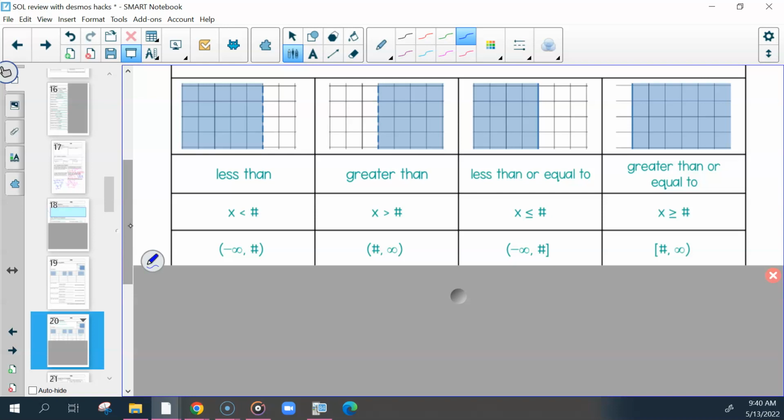On this page, do we want to see any of the 1 through 4 in Desmos?